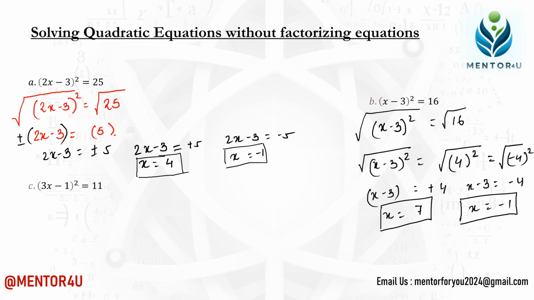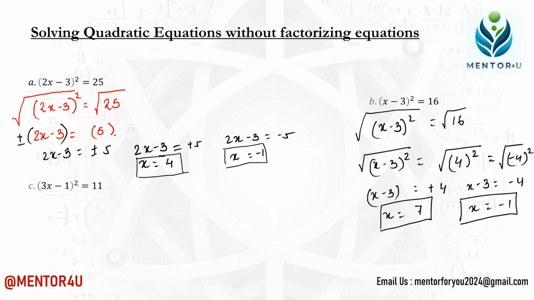Similarly for the next one, in the last two examples we just had whole numbers or natural numbers as solutions. So there is a possibility that my roots can be irrational as well.